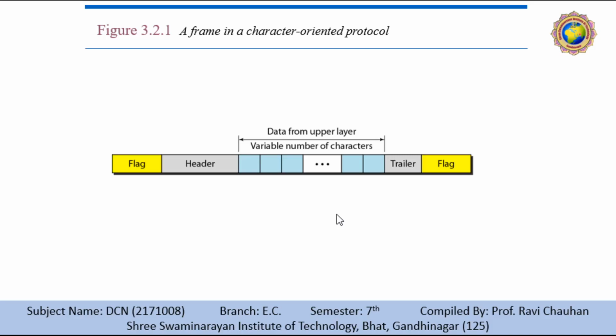To fix this problem, a byte stuffing strategy was added to character oriented framing. In byte stuffing, or character stuffing, a special byte is added to the data section of the frame when there is a character with the same pattern as the flag. The data section is stuffed with an extra byte.